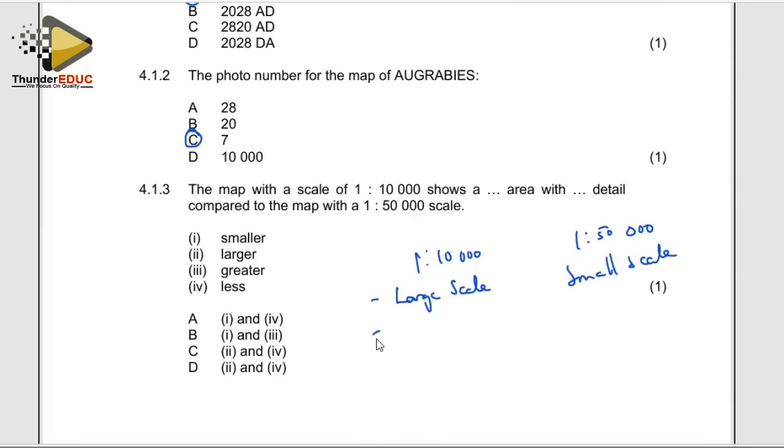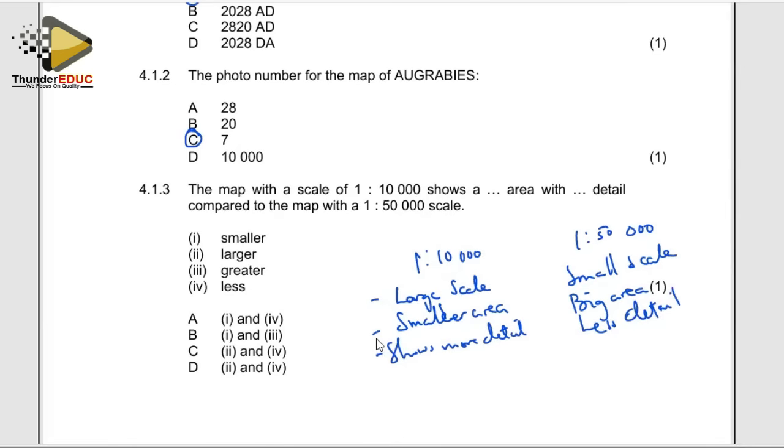This one, in terms of coverage, it covers a smaller area. And this one, it covers a big area. In terms of detail, this one shows more detail. And this one, it shows less detail.